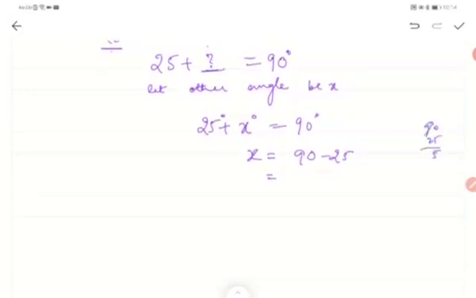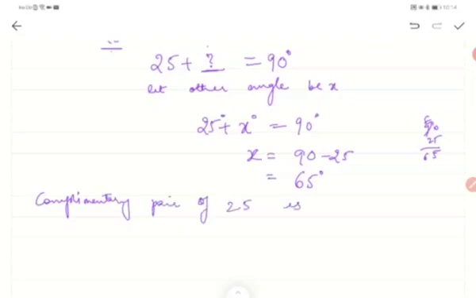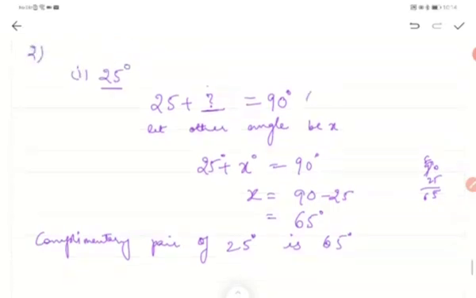It is 65. Therefore the complementary angle of 25 is 65, isn't it? So when you add together 25 plus 65, you will get 90, isn't it? This you will write according to the rule of complementary angles.